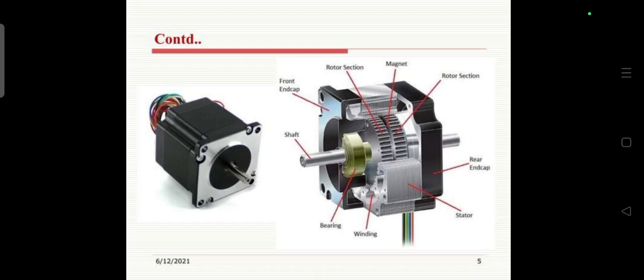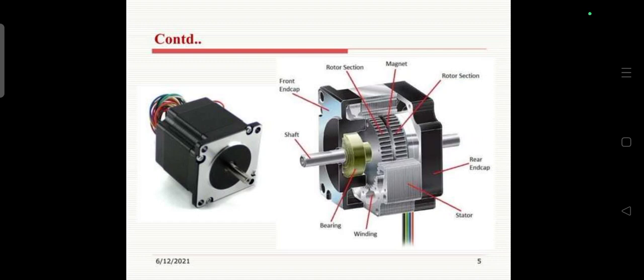This is the diagram which shows the stepper motor. This is the 3D view of the stepper motor. The first diagram shows the fully covered stepper motor. Then the second diagram shows the cross-sectional view of the stepper motor. It shows the shaft, bearing, winding, stator, and end cap.